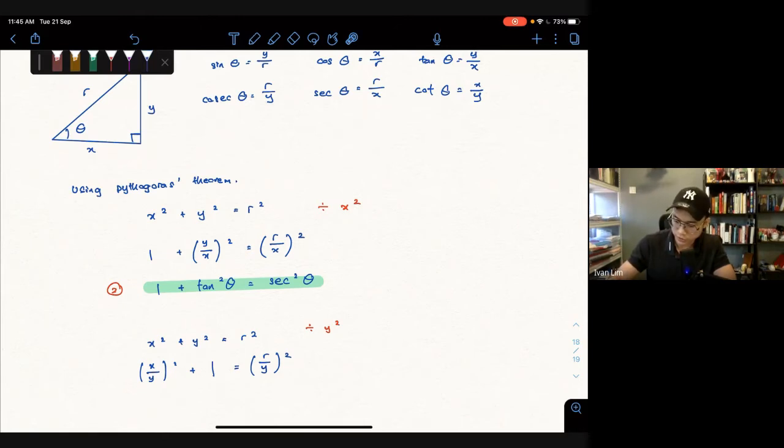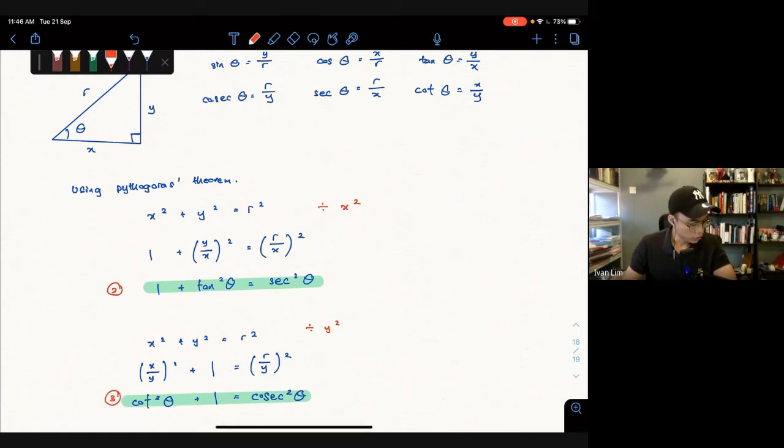Refer to the list: cotangent. So cotangent square theta plus 1 equals r over y, squared. What's r over y? We find r over y here: cosecant theta. So it will be cosecant square theta. And this will be your third trigo identity.